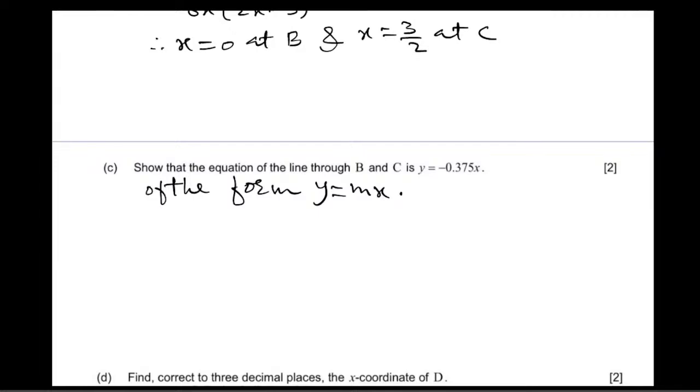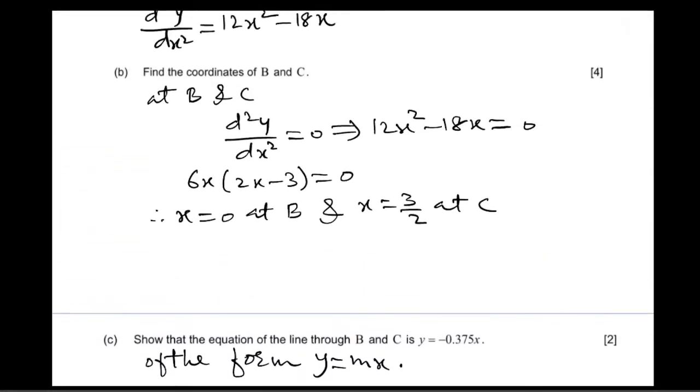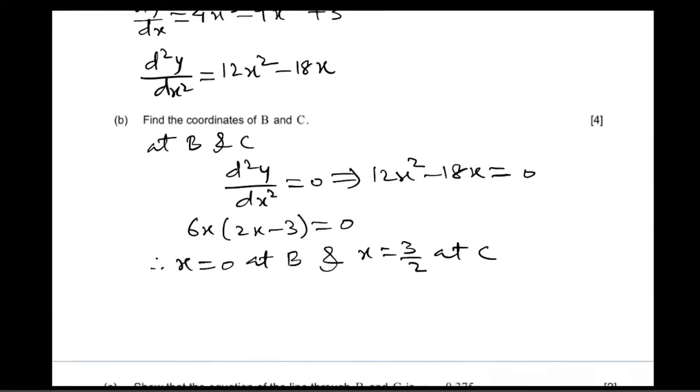So m we have to find. Now, how can we find m? Because the line is passing through B and C. Sorry, here we had to find the coordinates. Okay, so I have to find the y coordinate also. So therefore, because B is the origin, it will be 0, 0. And C will be 3 by 2.